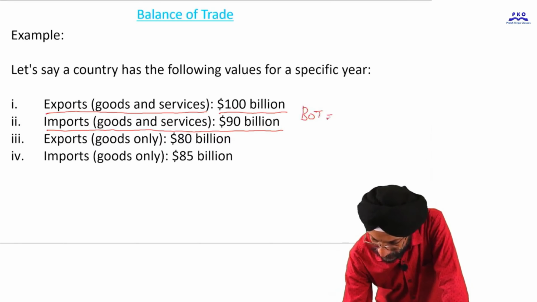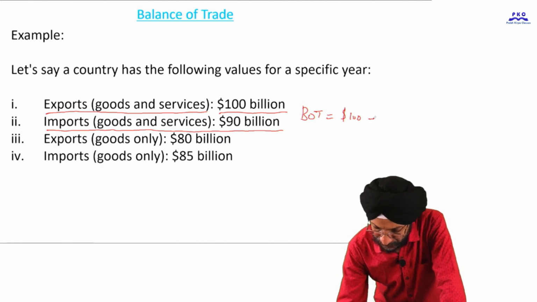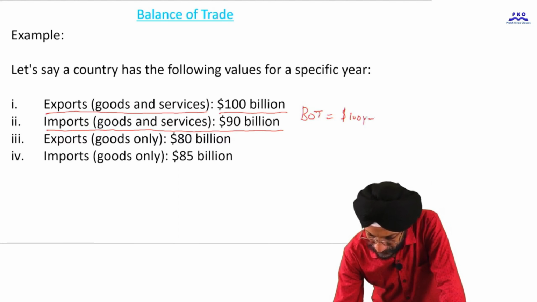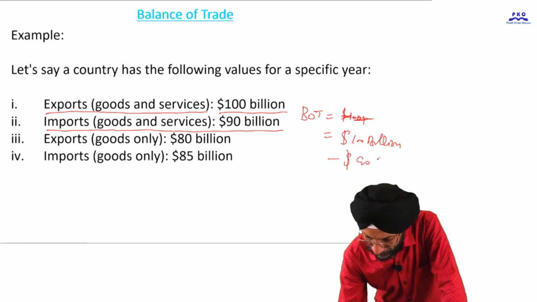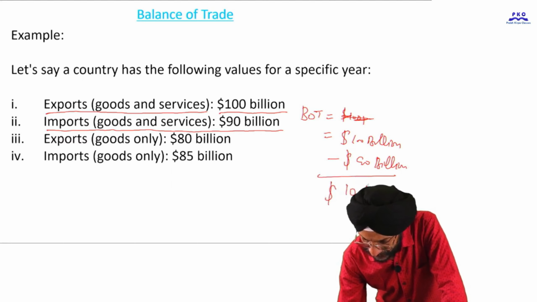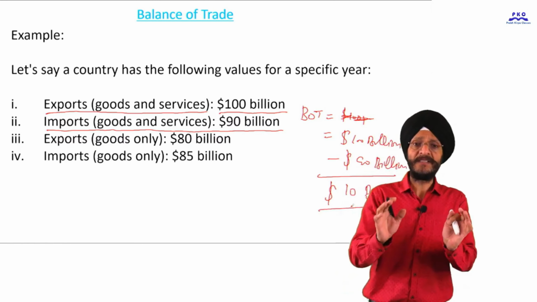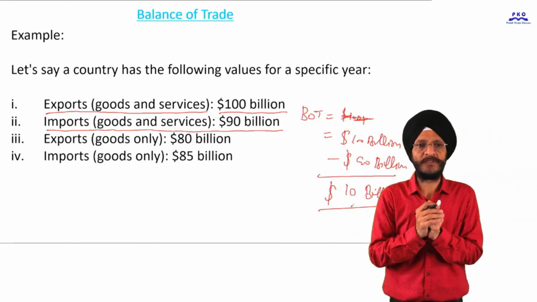As per the broader definition, balance of trade is exports, which is here 100 billion, minus $90 billion. So what is the balance? $10 billion. So balance of trade is $10 billion. Here it is surplus because exports are more than imports.